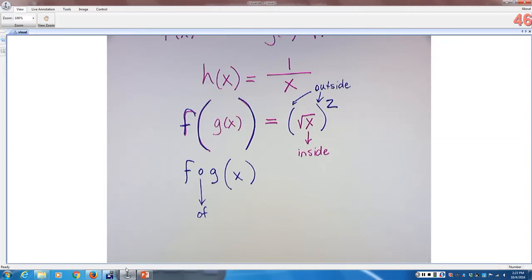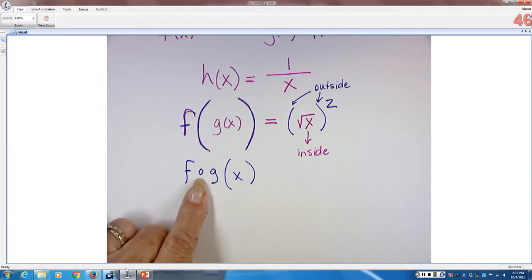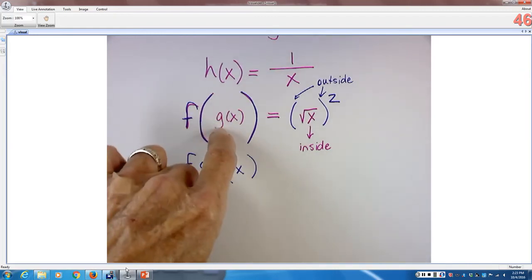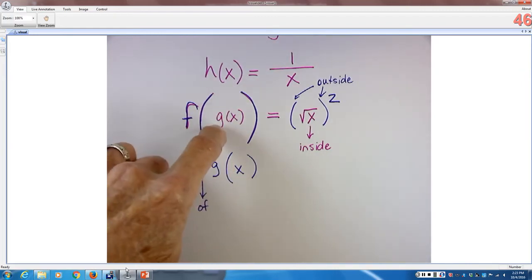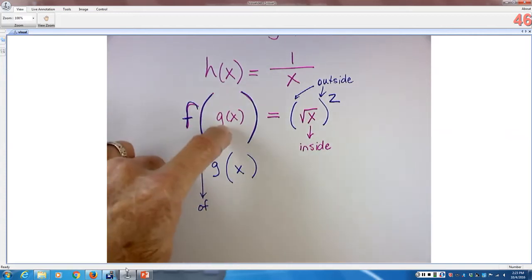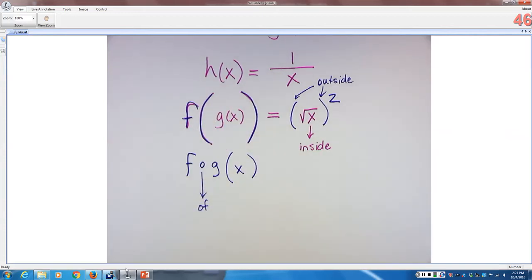It's called a composition sign. I hate this notation because it's easily confused with another algebra operation that the symbol means. I like this notation because it tells me what I'm supposed to do: put that in place of x, okay? So this and this are the same thing, but this is more instructive, especially for what we're trying to learn from this, okay?